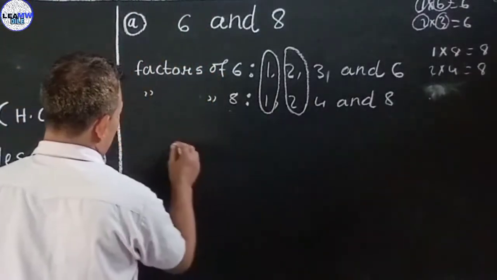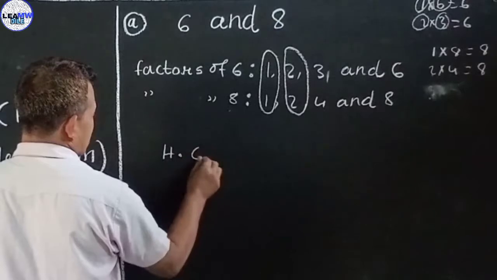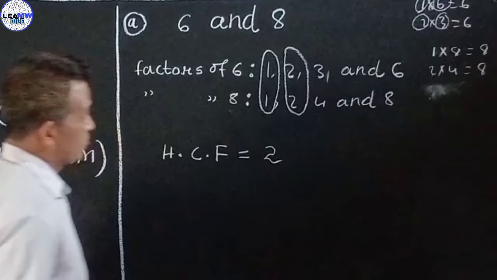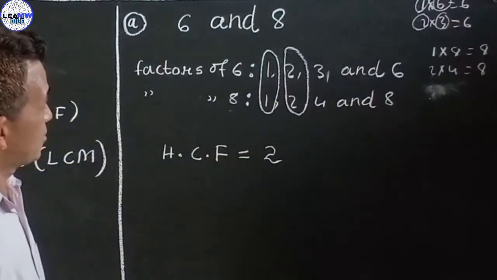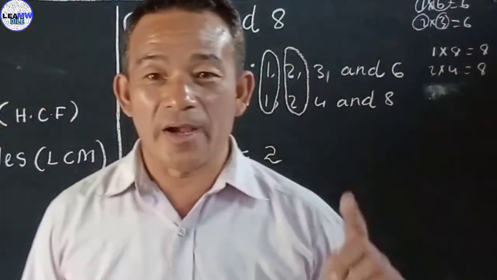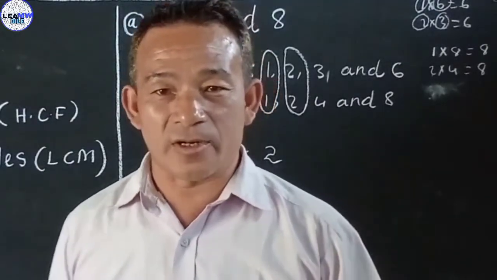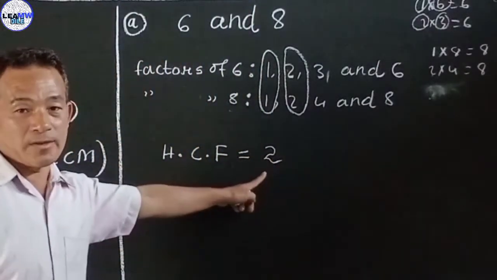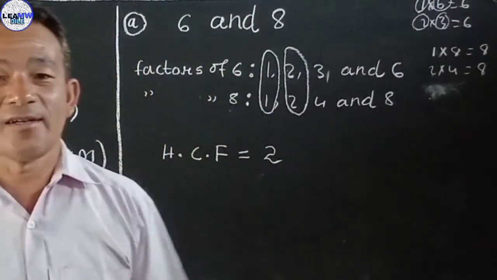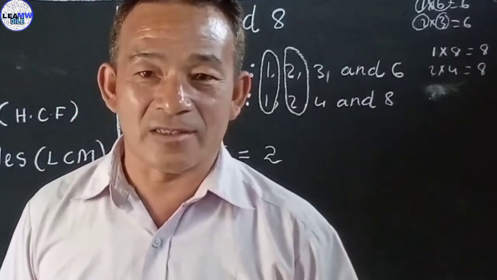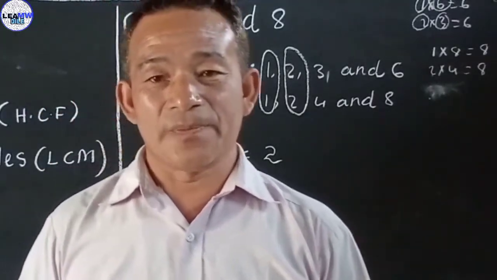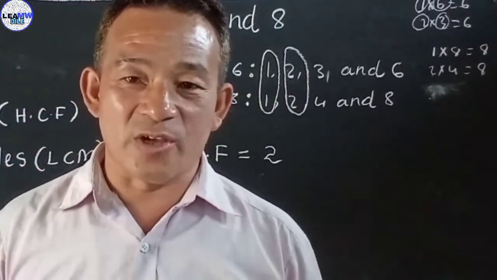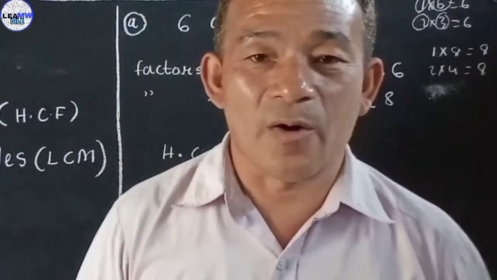So the HCF, highest common factor, of 6 and 8 is 2. This is how we find the common factors or the HCF of given numbers. There is one more method to find the HCF of given numbers, and now I am going to show you.